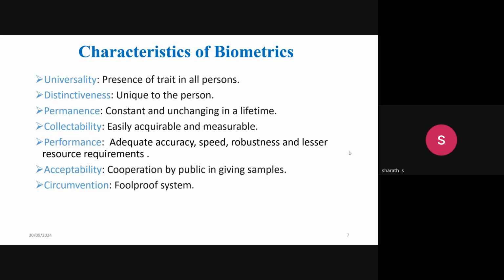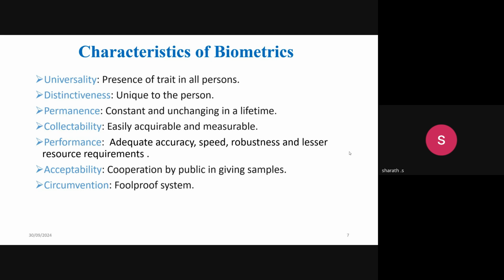The characteristics of biometrics are: universality, the presence of all traits in all persons; basically, the biometric is present in each and every person. Distinctiveness, the biometric is unique to a given individual. Permanence, the biometric remains constant and unchanging throughout your lifetime.